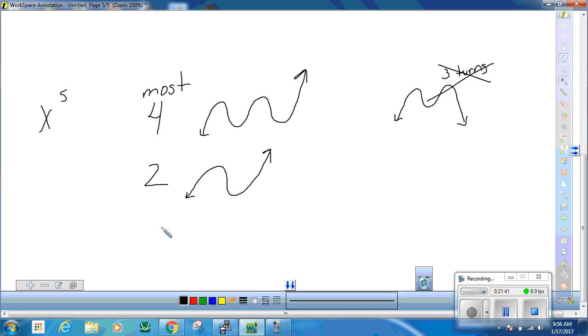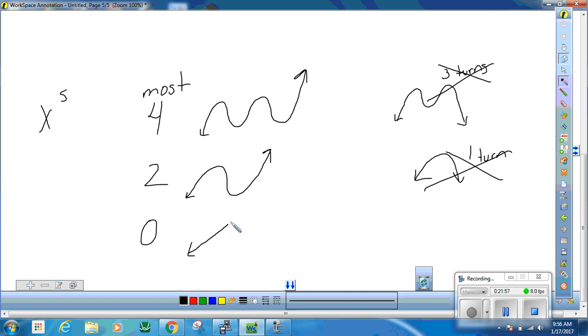I could also, let's see, if we did 1 turn, though, again, that gets my arrows going in the same direction, and that's not going to fit the proper end behavior for 5th degree, so that's not a possibility. 0 turns, well, it goes and it doesn't turn at all, but my arrows could still end up in the same direction.